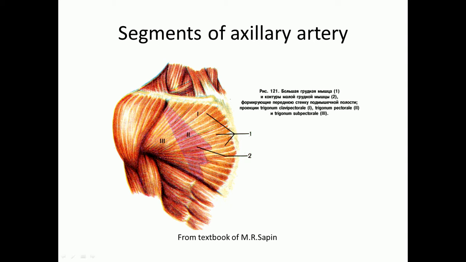Segment number two is trigonum pectorale, which corresponds to the projection of musculus pectoralis minor to the surface of the thorax. And segment number three is trigonum subpectorale, the trigonum which is located from the lower edge of musculus pectoralis minor till the lower edge of musculus pectoralis major.